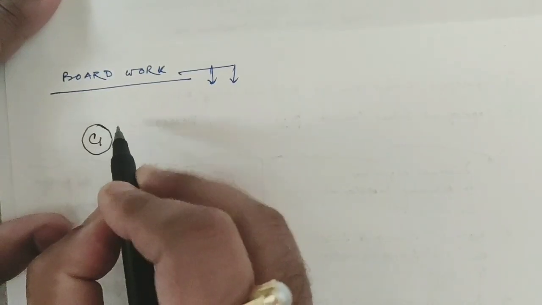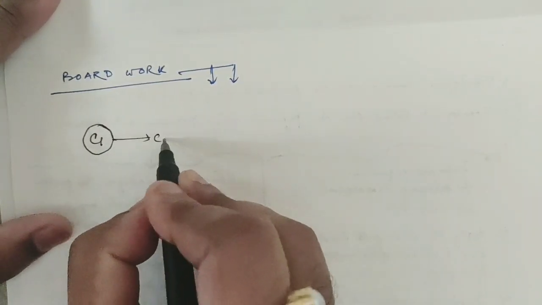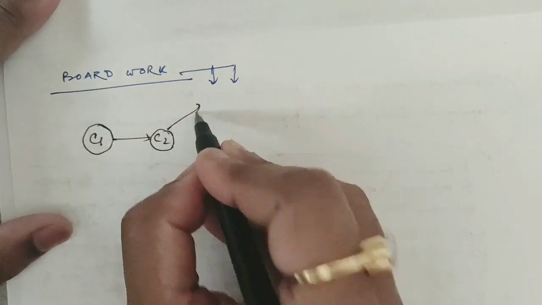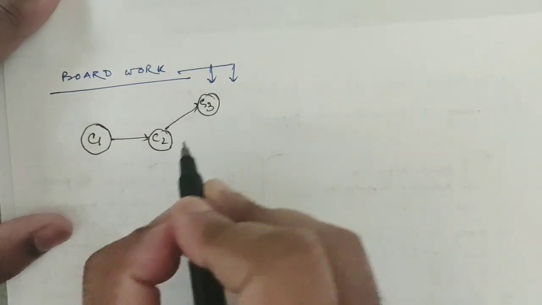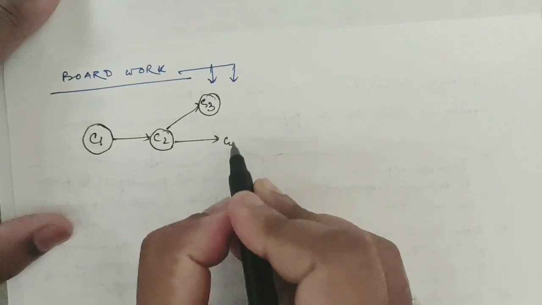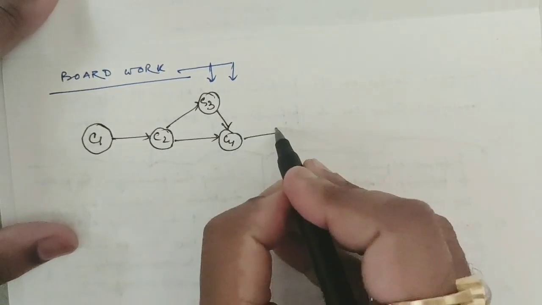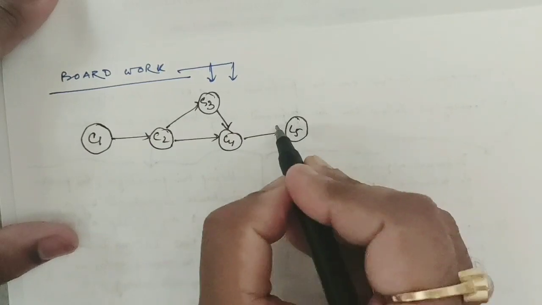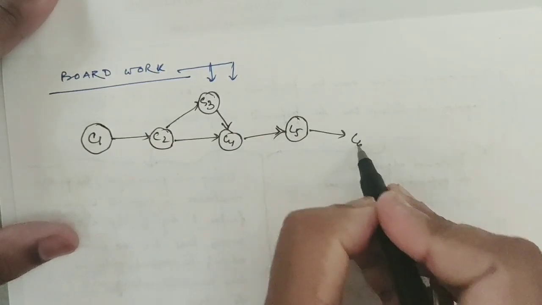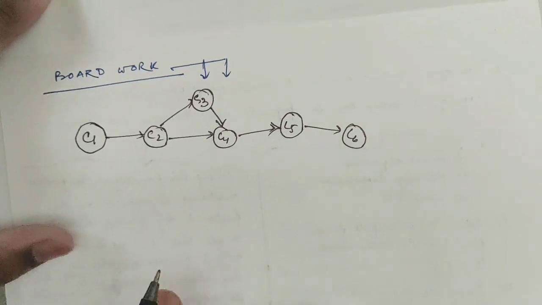C1 is the first vertex, C2, then C3, and C4; there is an edge from C3 to C4 also. Then it is C5, and finally C6.